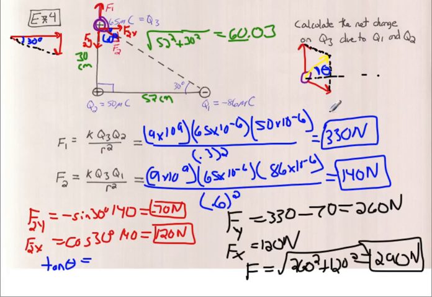So opposite would be the y component, so that would be like 260 over the x component of 120. Take the inverse tangent of both sides, and you get theta is about 65 degrees, which looks pretty reasonable from the diagram we had drawn if everything's to scale. It looks pretty much to scale, so there we go.